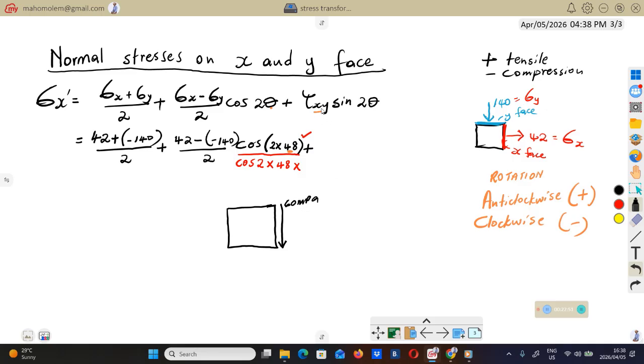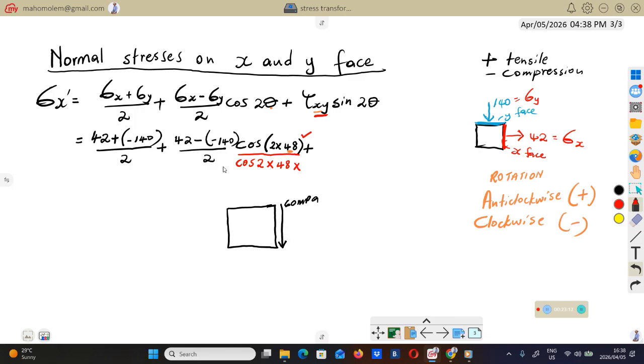As I've said in the previous video, this has a meaning. This is the shear stress on the X face. So that's why I'm only going to consider this arrow on the X face.